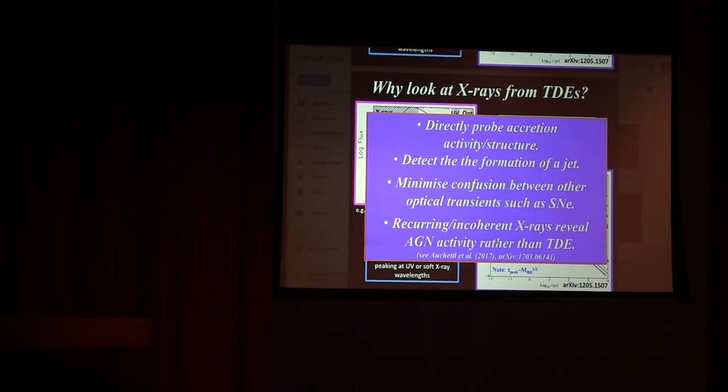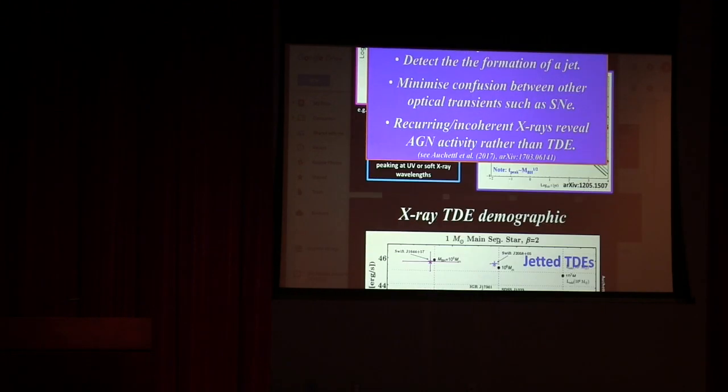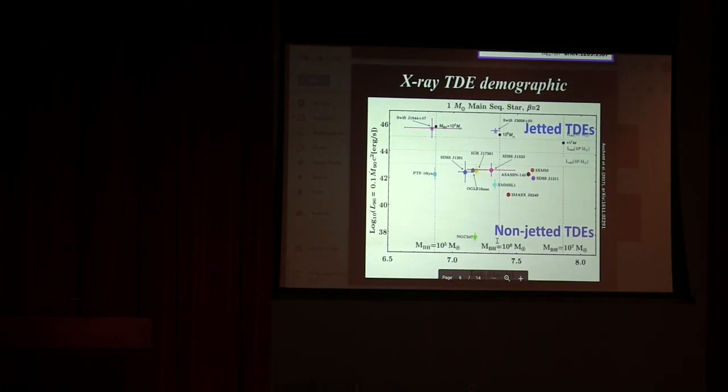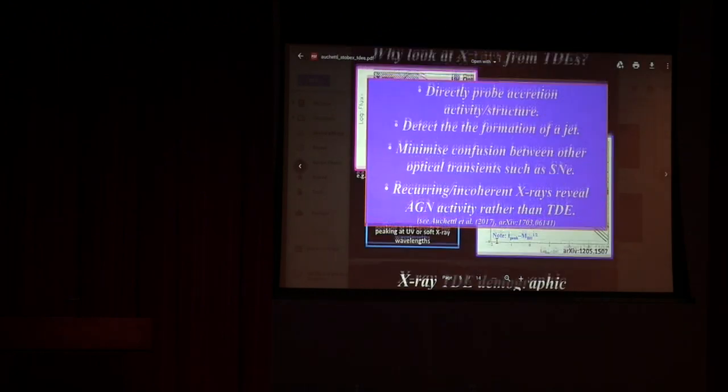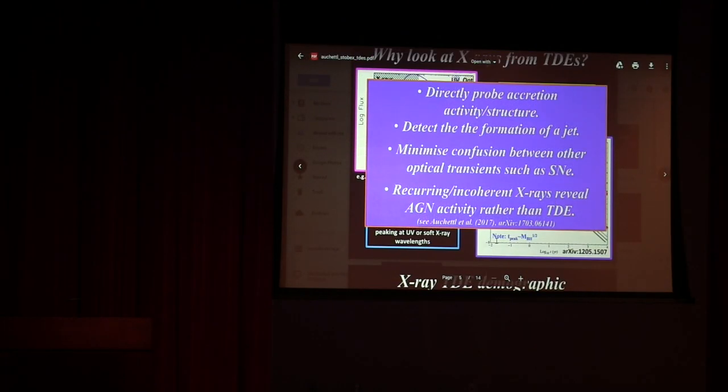And so, if you go to my next slide, one of the questions that is usually asked when I talk about TDEs is why would you want to look at the X-rays from these events? The advantage of X-rays over optical and UV wavelengths is that one is directly probing the accretion activity associated with these events, while simultaneously minimizing the potential confusion that can occur between TDEs and other transient sources that you find in optical wavelengths.